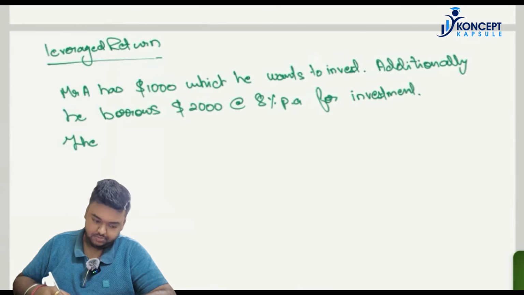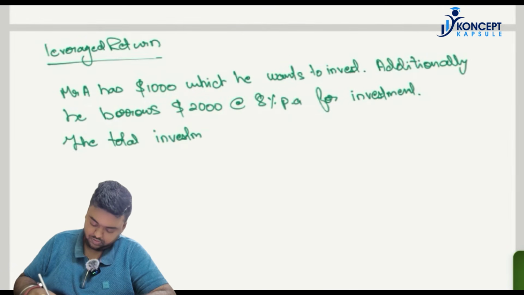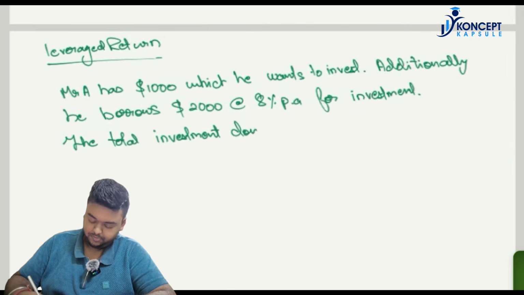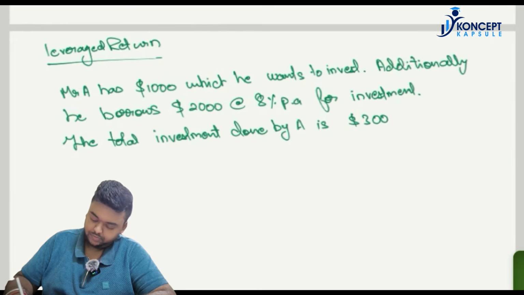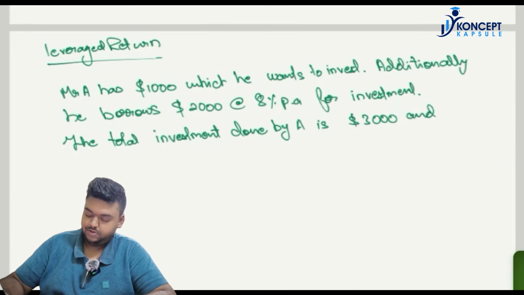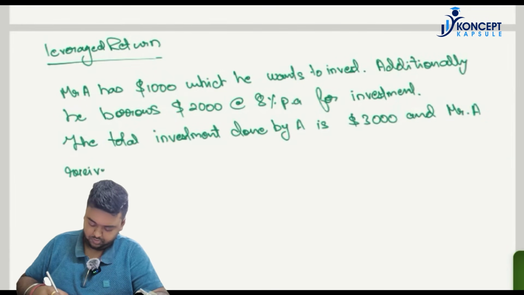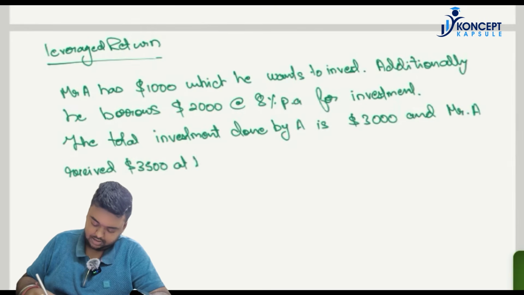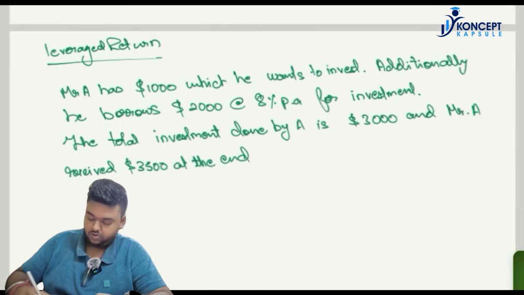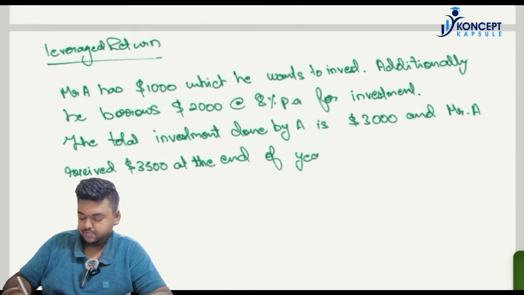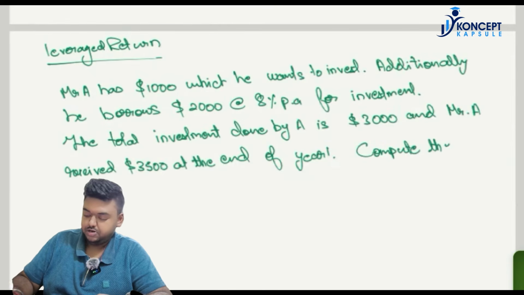The total investment done by A is $3,000 and Mr. A received $3,500 at the end of year 1. Compute the leveraged return.